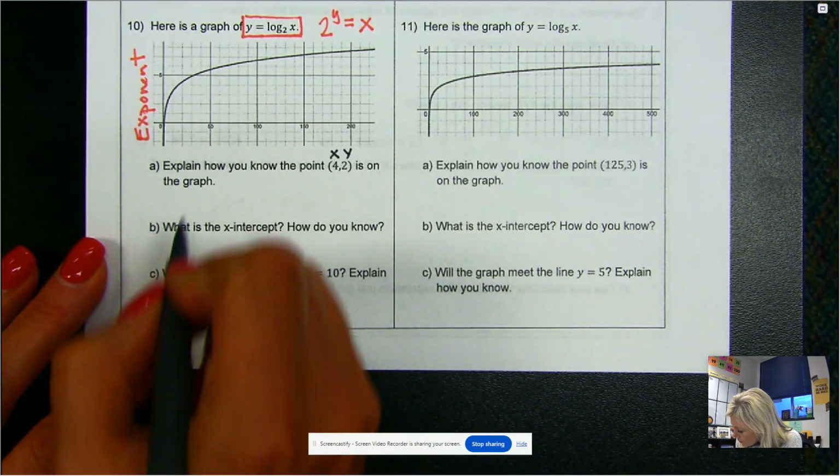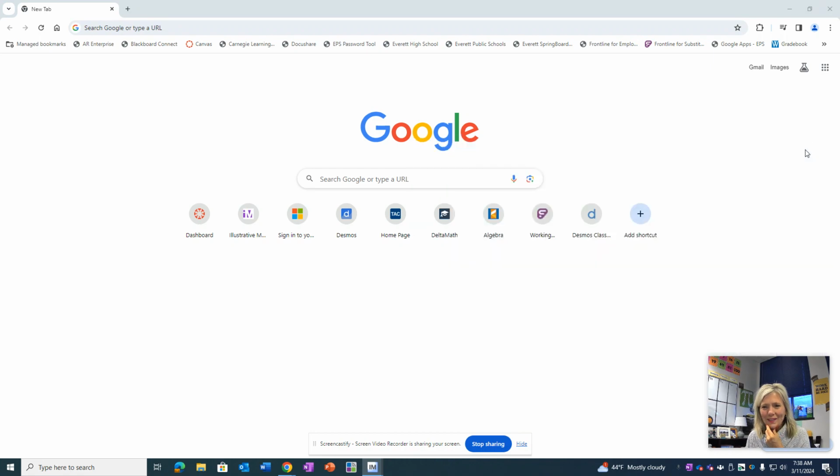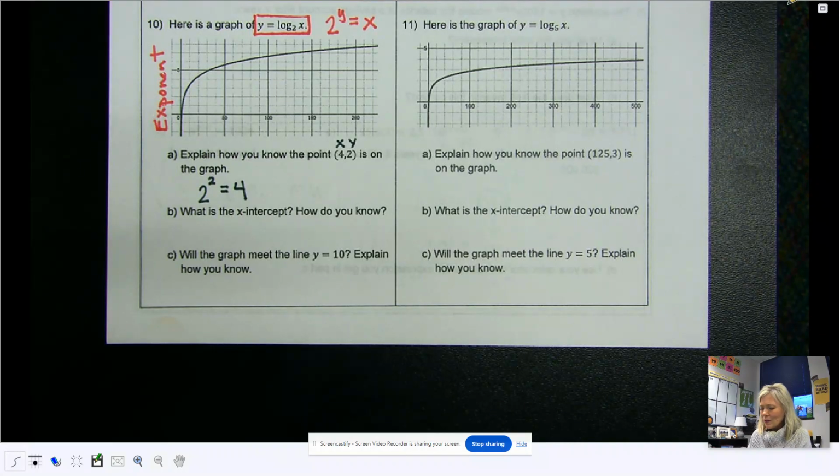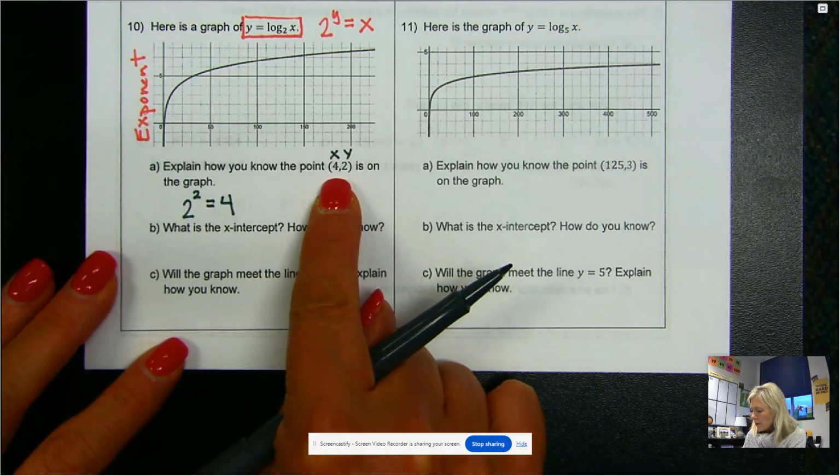So I know this is on the graph because 2 to the second is equal to 4. Oh no, my camera froze. There we go. 2 to the second is equal to 4. So that's how I know that this point is on the graph.